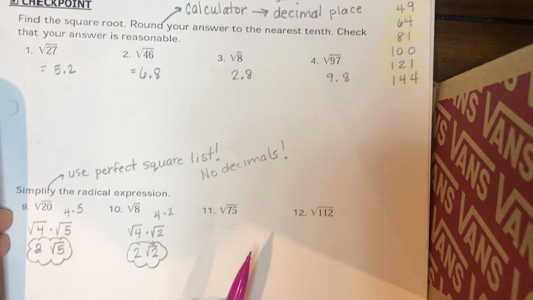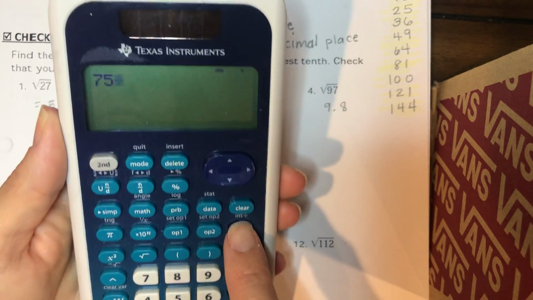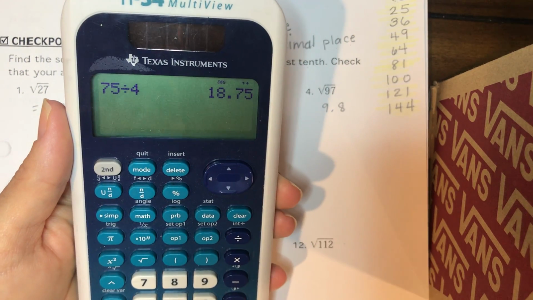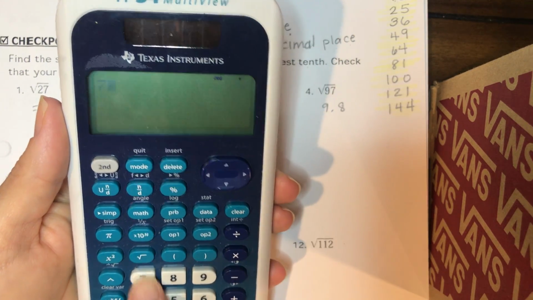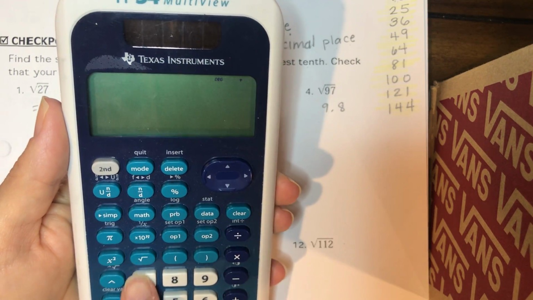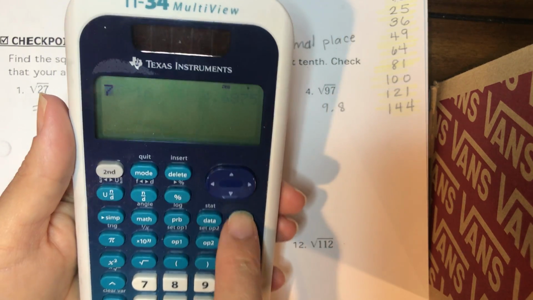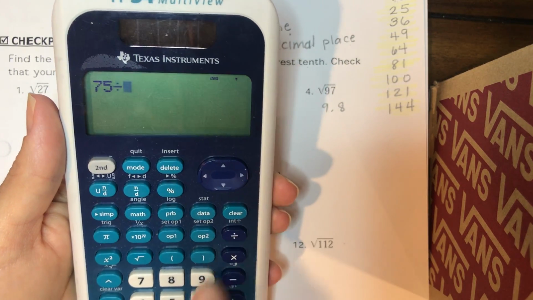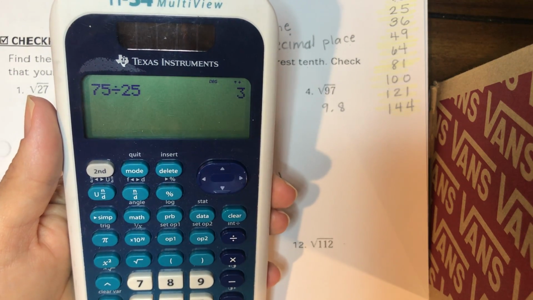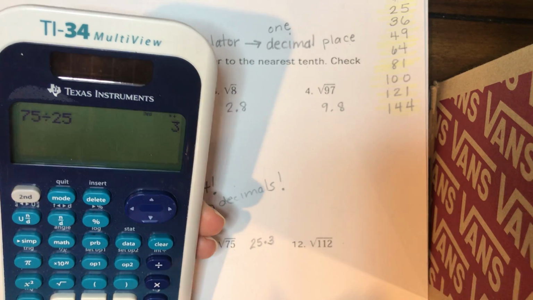All right, 75. Let's test it out. 75 divided by 4. Doesn't work. 75 divided by 9. Doesn't work. 75 divided by 16. Doesn't work. 75 divided by 25. Oh, 25 and 3 work.